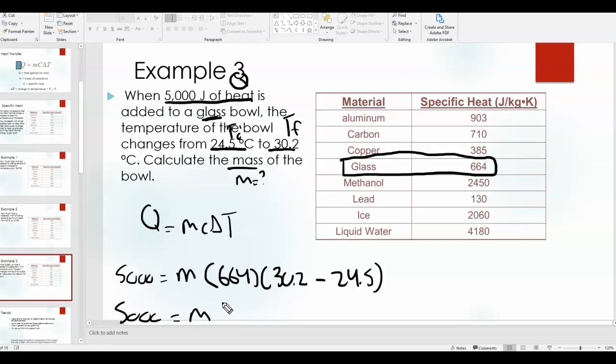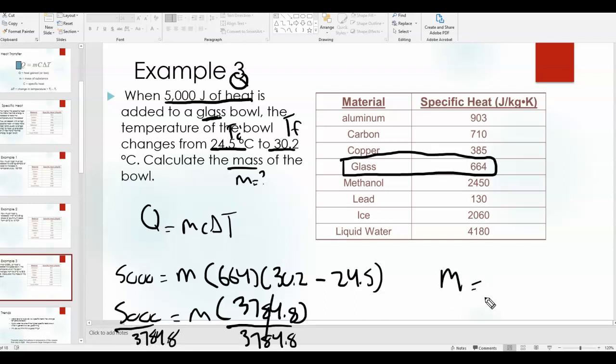And so I can simplify that because I can do 30.2 minus 24.5 and then multiply that by the 664. So I actually get the mass times 3784.8. All I did was that subtraction and then multiply by the 664. So now to get mass by itself, I just need to divide both sides by 3784.8.